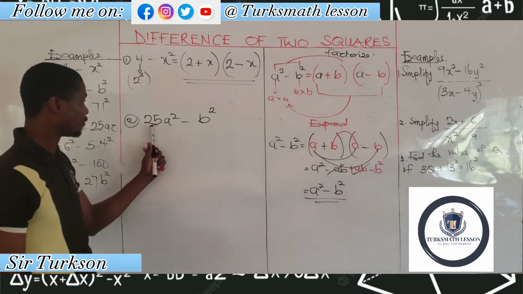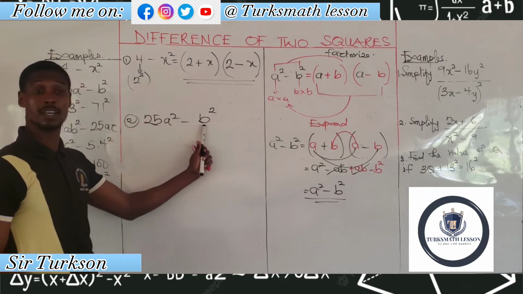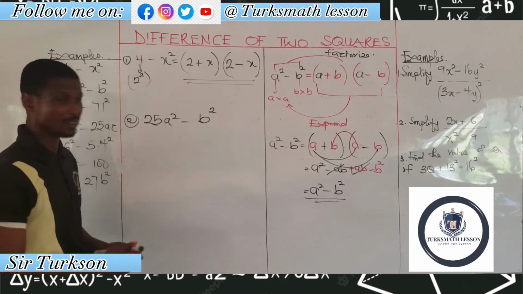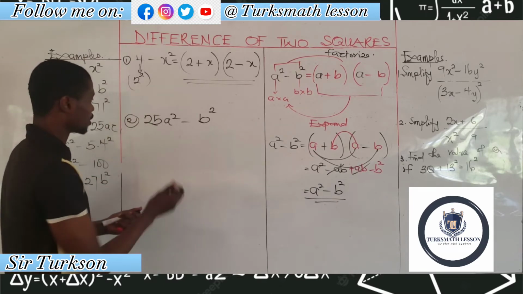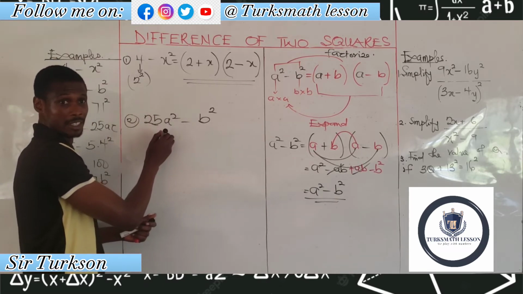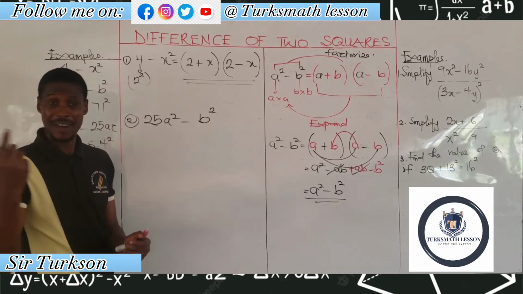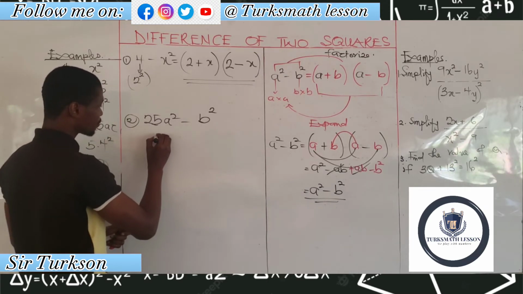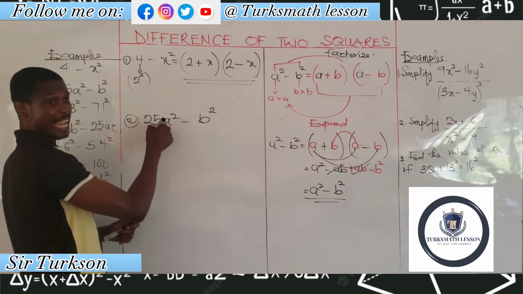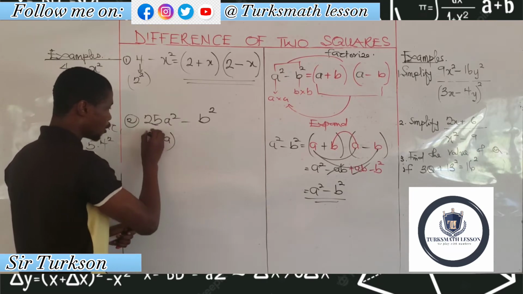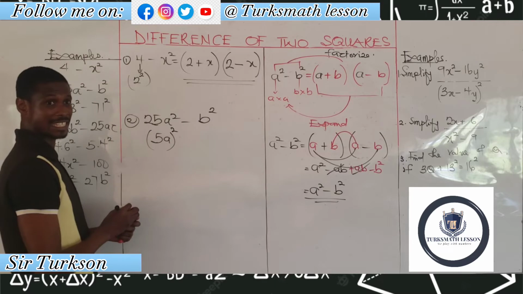Okay? We also have 25a square minus b square, isn't it? So let's break this one down. You can break this 25 down, isn't it? Yes. So what two numbers will give us 25? 5. So we are going to have what? 5. And we have what here? A square. Do you understand?